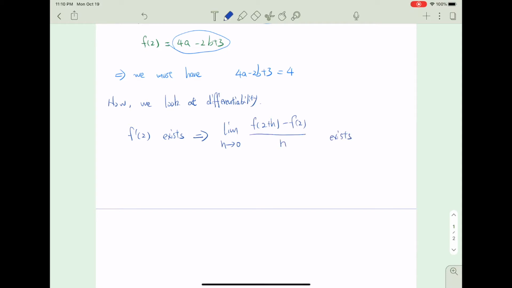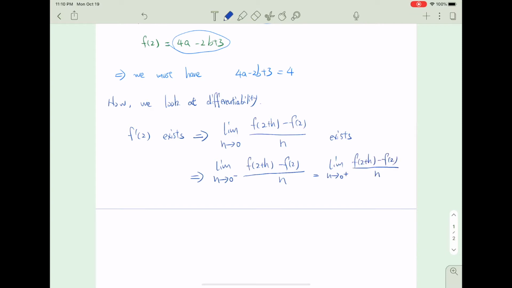That just means the limit exists. It means the left limit has to be equal to the right limit. So the left limit, this one, has to be equal to the right limit, h approaches 0 plus, of f(2 plus h).